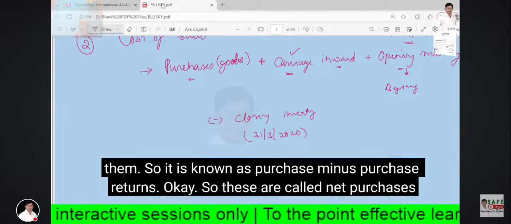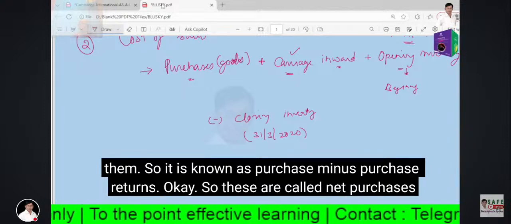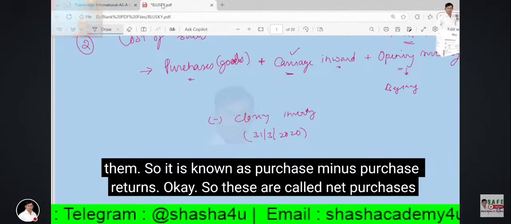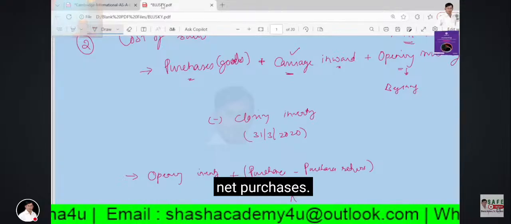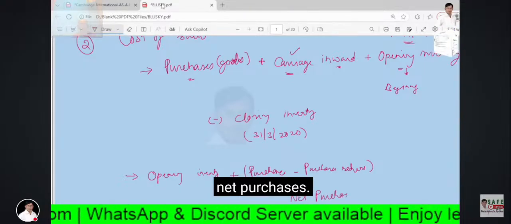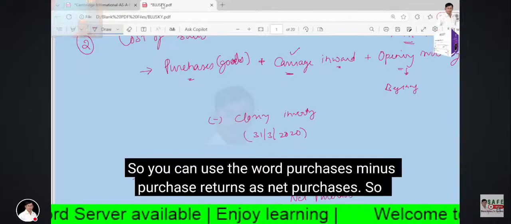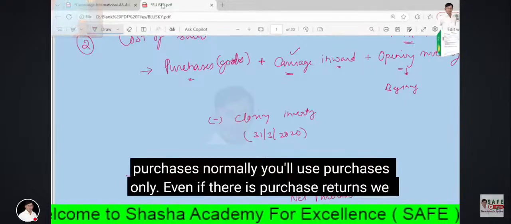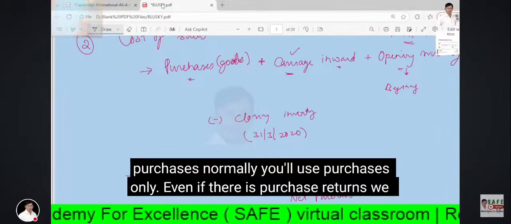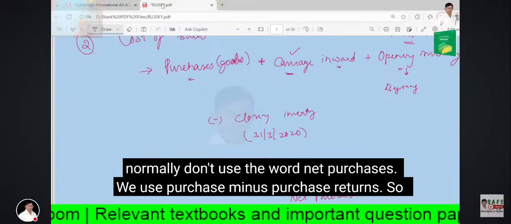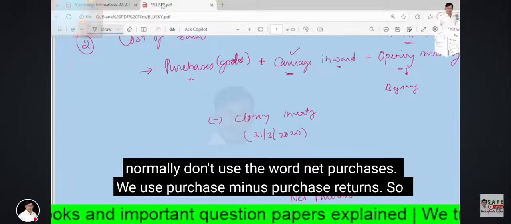So it is purchases minus purchase returns, and these are called net purchases. Normally we use the word purchases even if there are purchase returns. We don't normally use the word net purchases. We use purchases minus purchase returns.